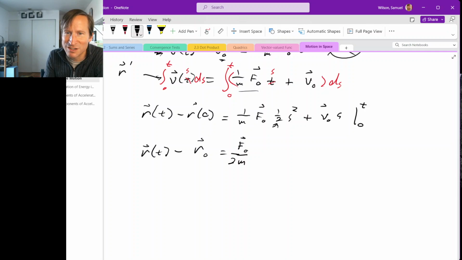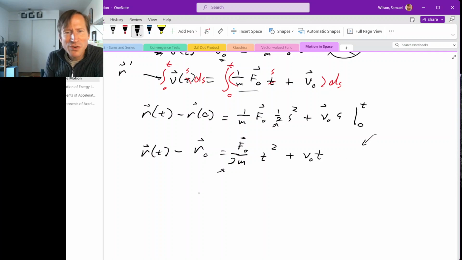This 1/2 puts a 2 in our denominator down here, times t squared plus v sub 0 times t. And then, again, when we plug 0 into this, we get 0, so let's not write down the plus 0 stuff.